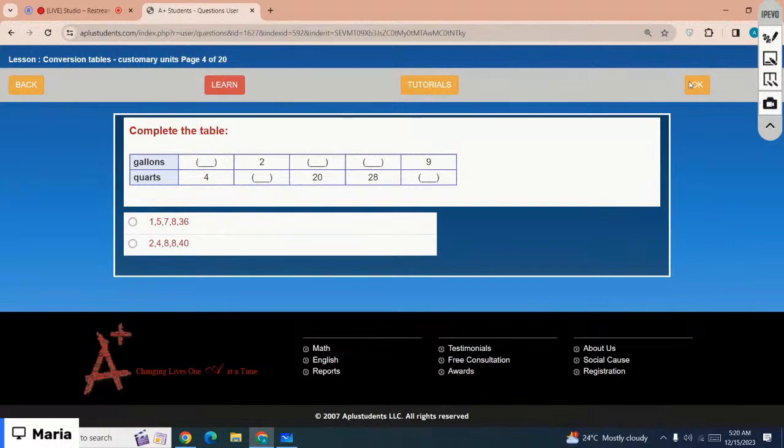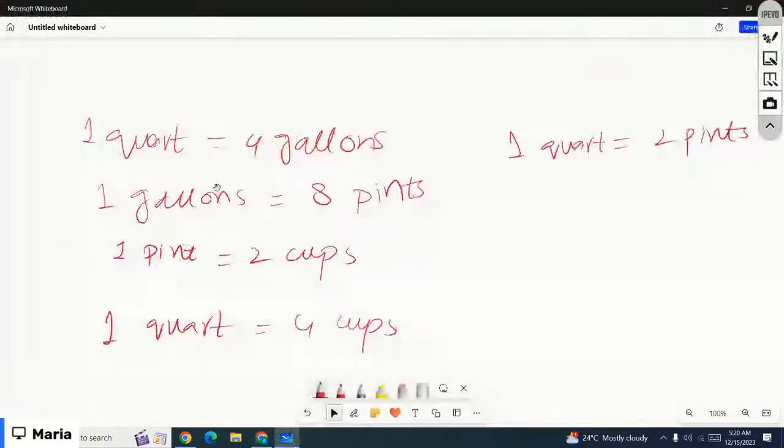Okay, the next one is you have to convert gallons to quarts, right? So 1 gallon equals 4 quarts. 1 gallon equals 4 quarts, right?